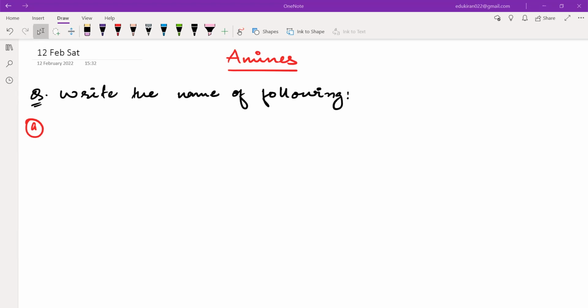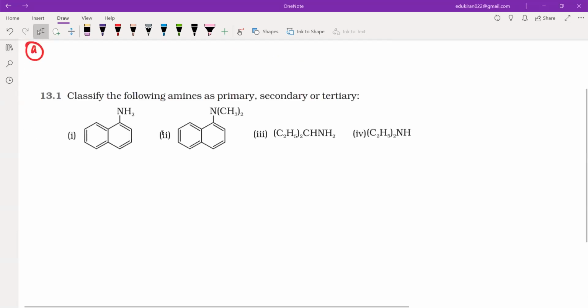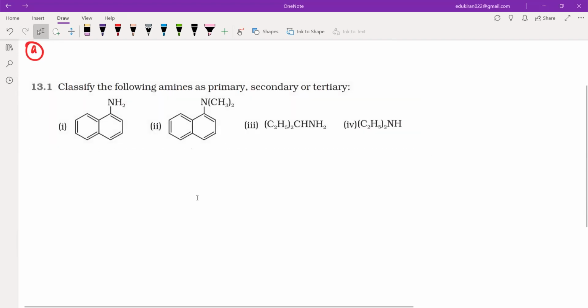Okay, so the first question is a bit easy one. You have to first of all classify the following amines as primary, secondary, or tertiary. So you understand primary, secondary, and tertiary, guys?